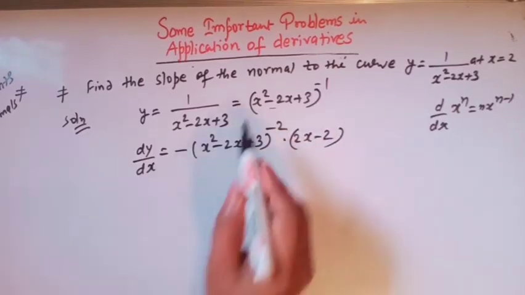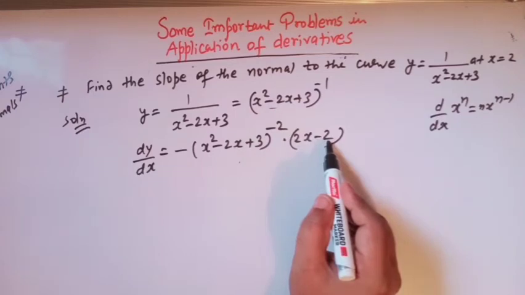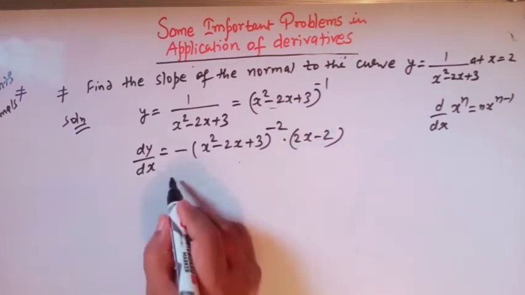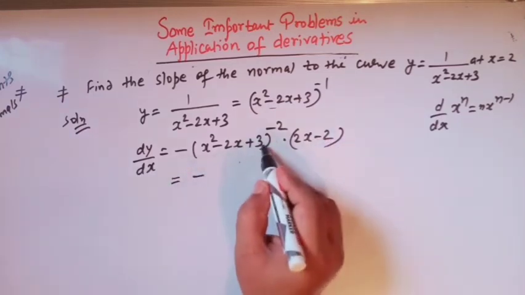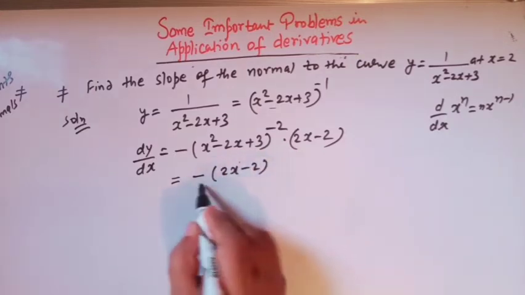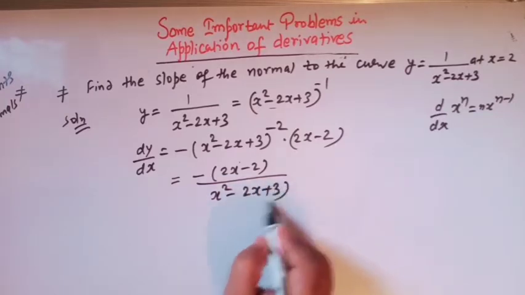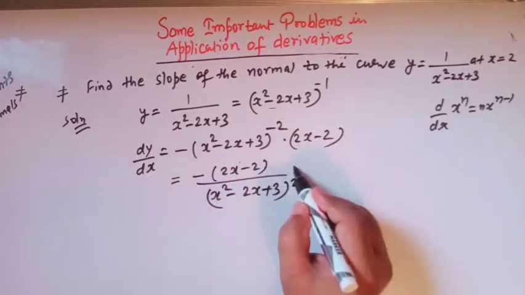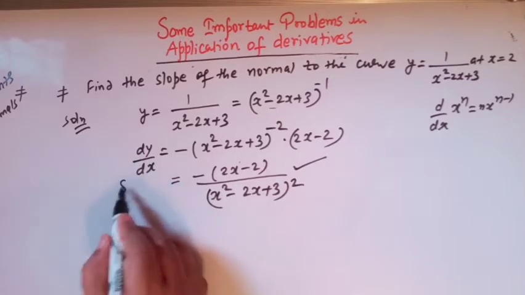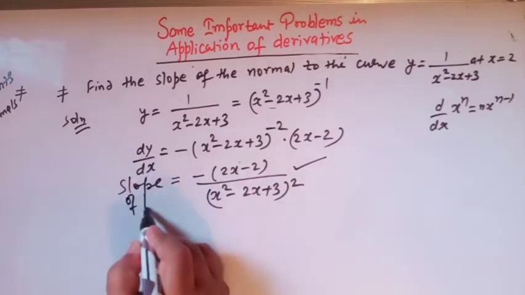Derivative of x square is 2x, derivative of 2x is 2. So we have a minus, and taking this to the denominator, we have this as the derivative or the slope. So this represents the slope of the tangent.